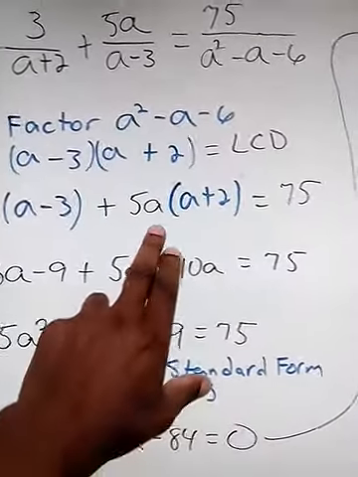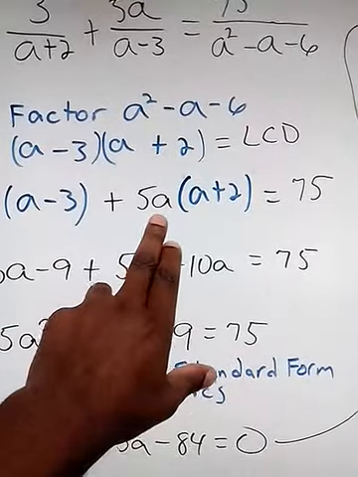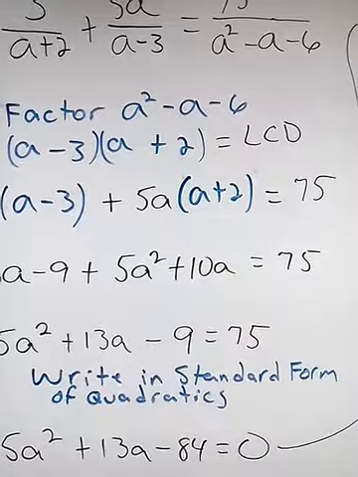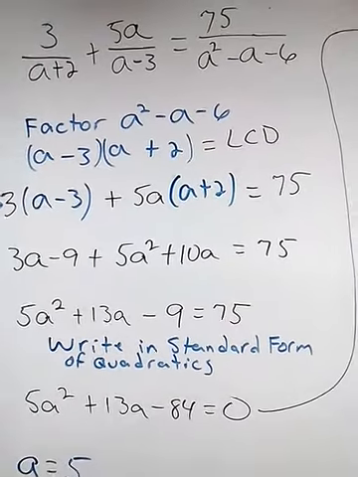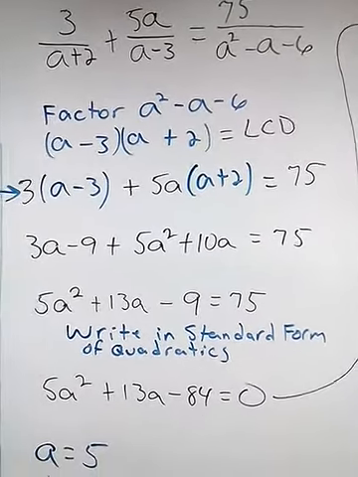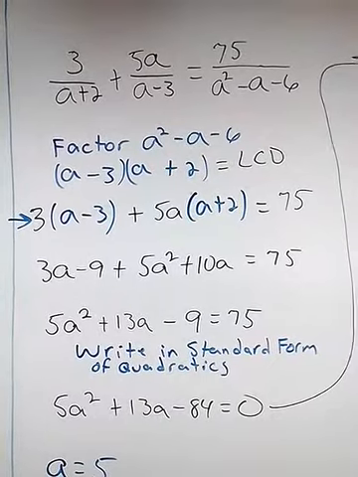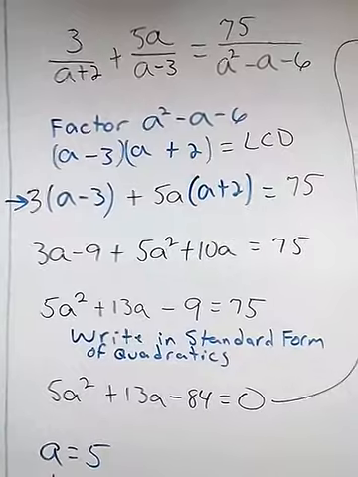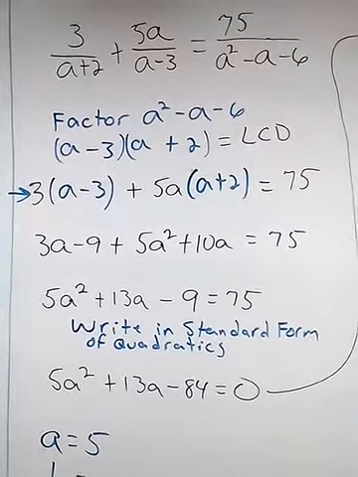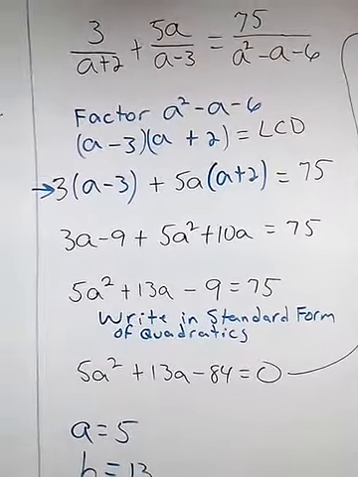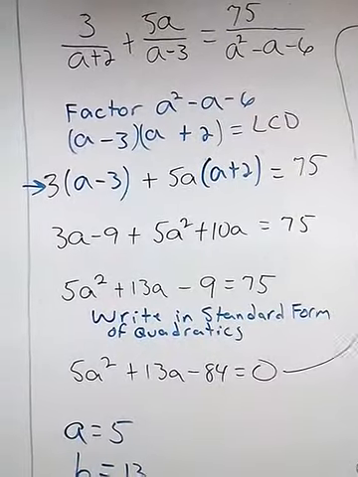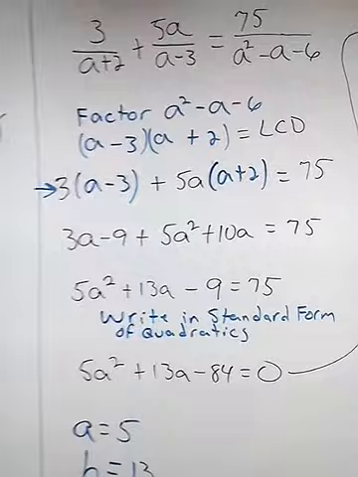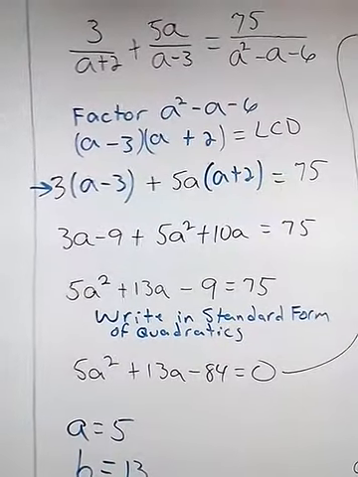And again, multiplying the second term by what was missing, which is the a plus 2. And after the equal sign, that already contained the common denominator, so we don't have to multiply that by anything. So we could either go this way, or we can just multiply each term by the LCD like we did in the last example.